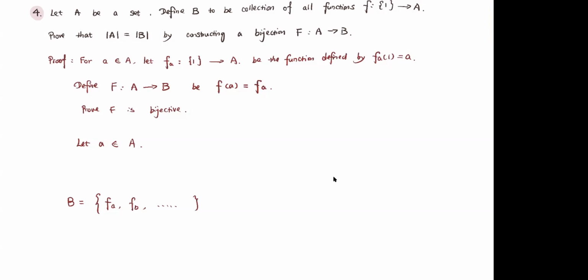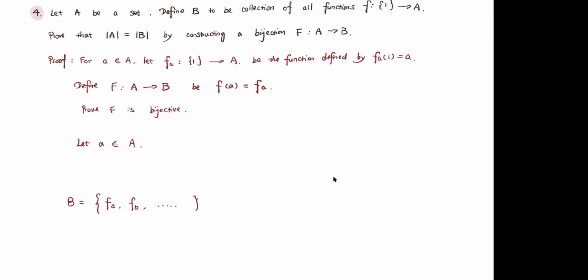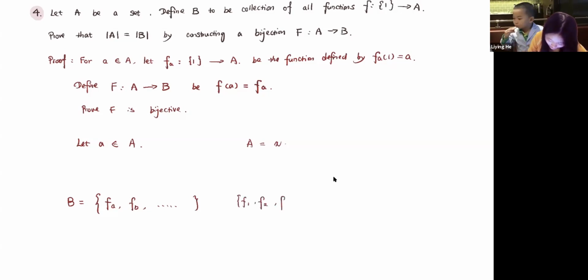What would come after f of b? It depends on what's in your A. I don't want to write anything down because A might not be countable. If it's not countable, I cannot list them out. Let's say if your A is the natural numbers, then this will be f of 1, f of 2, f of 3, and so on.